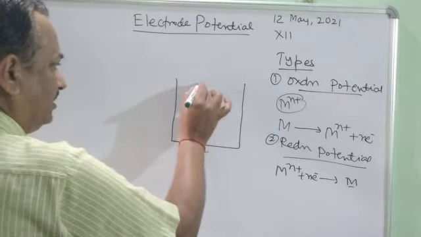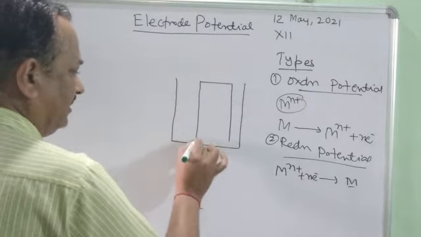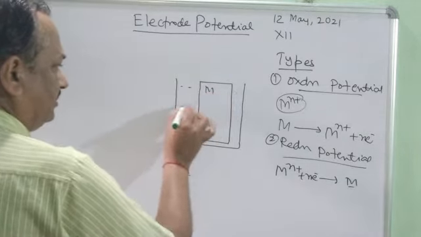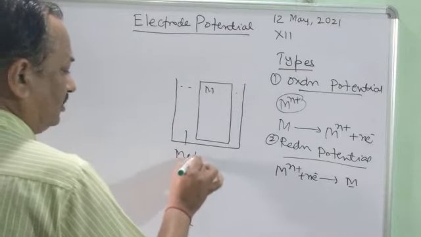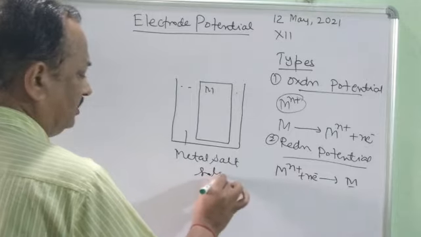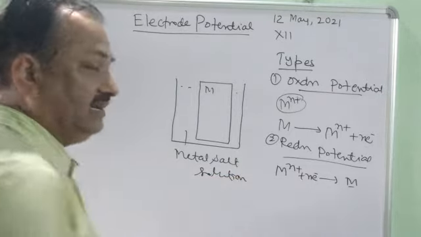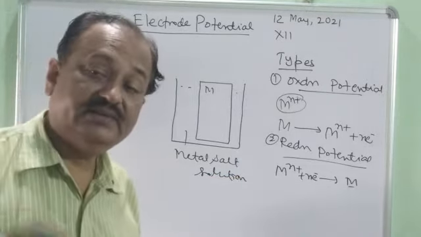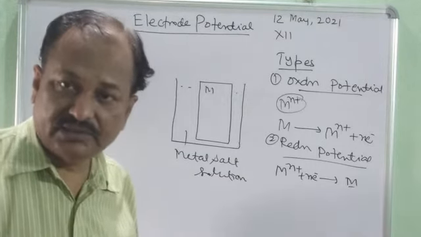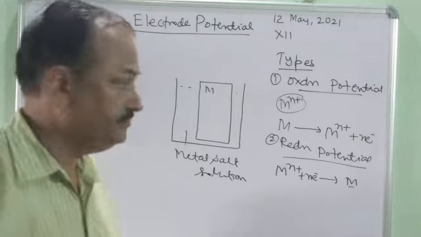Let this be the beaker or any vessel, and here we have the metal, and around it is the metal salt solution. As metals are electropositive, they have a tendency to lose electrons and acquire positive charge, and this is the electropositive nature.